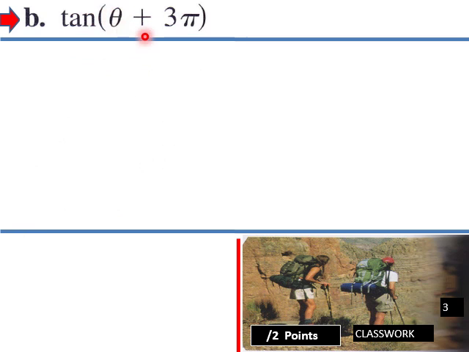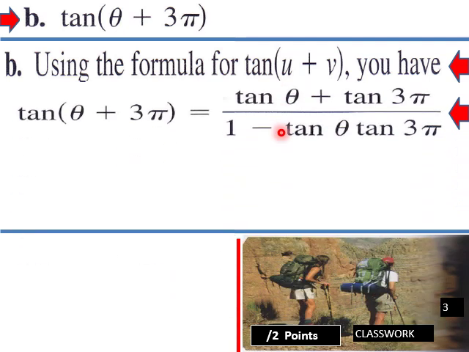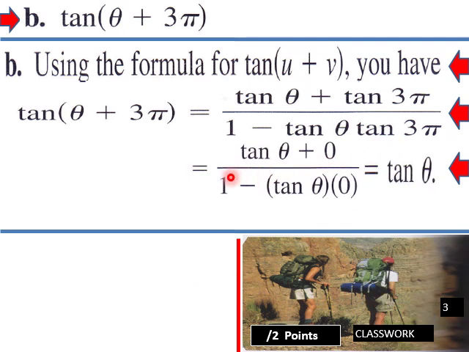And then we go to tan of theta plus 3 pi, using the formula for tan u plus v, so we have a sum here of a tan function. Tan theta plus 3 pi will equal tan theta plus tan 3 pi over 1 minus tan theta tan 3 pi.